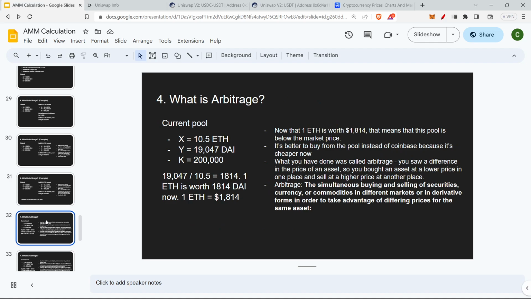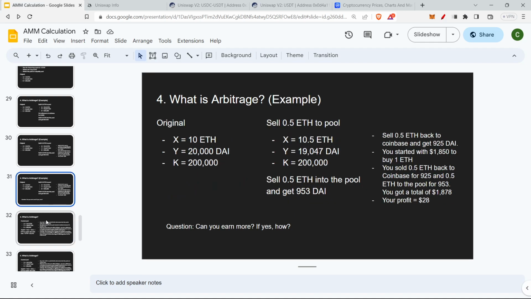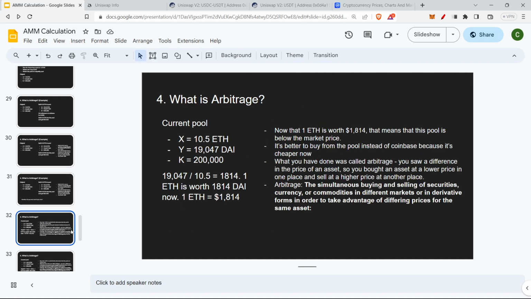The answer to that is no, you cannot earn more money. Because when you sold 0.5 ETH to this pool, 1 ETH now becomes 1,814 DAI. This means that the pool is below the market price of 1,840. It is better to buy from the pool now than to sell, because it is cheaper.